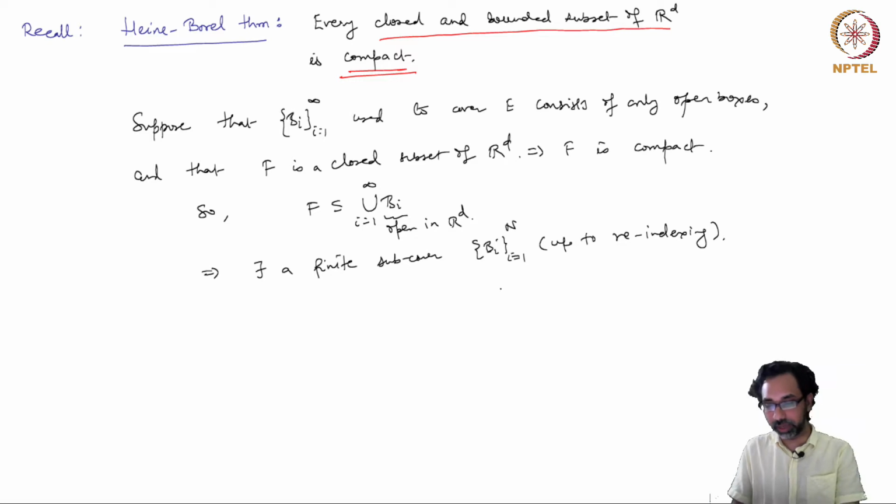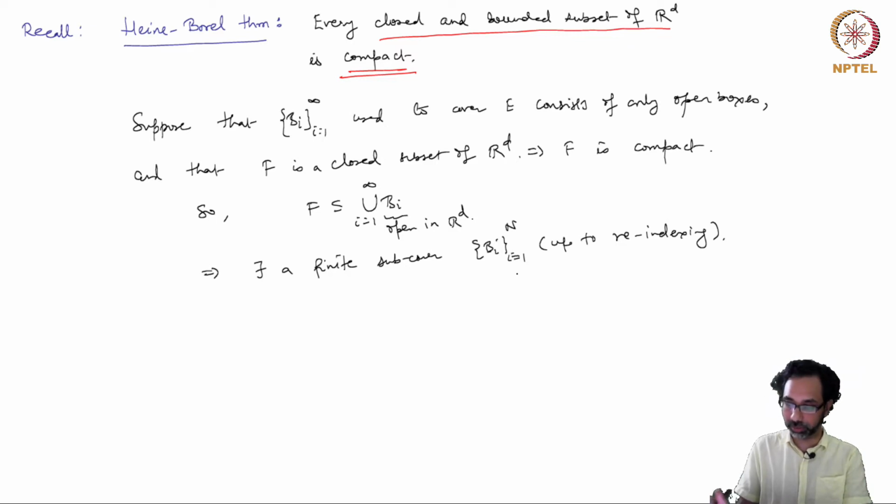If needed we can reindex this collection, and we can take all the needed open boxes B_i for this finite subcover and arrange them from 1 to n.